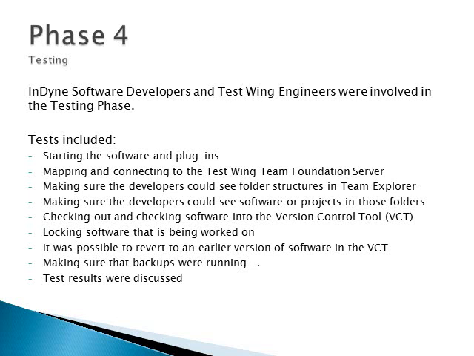Tests included starting the software and associated plugins, mapping and connecting to the Test Wing Team Foundation server, making sure the developers could see folder structures in Team Explorer and could see software or projects in those folders, making sure the developers could check software out of and into the version control tool, locking software that is being worked on, that it was possible to revert to an earlier version of software in the version control tool, and making sure that backups were running. Test results were discussed and all tests successfully passed.